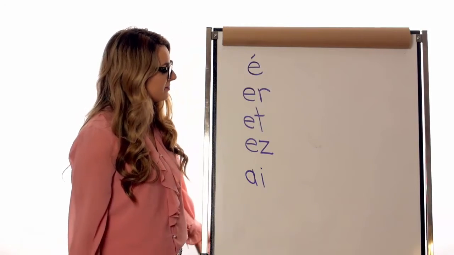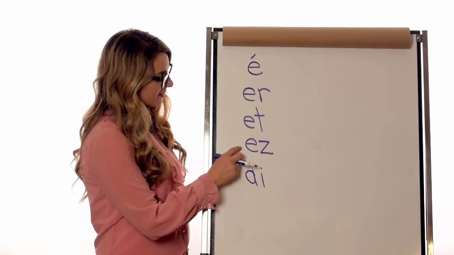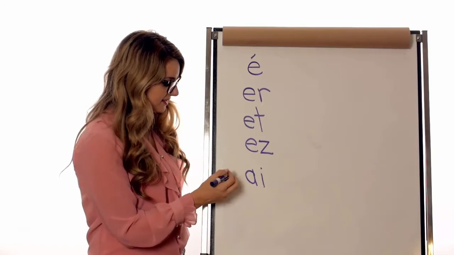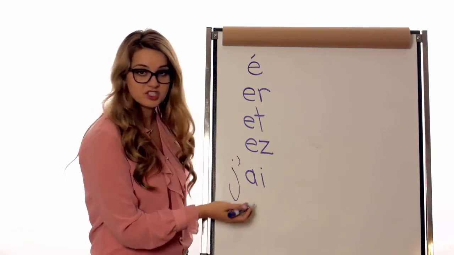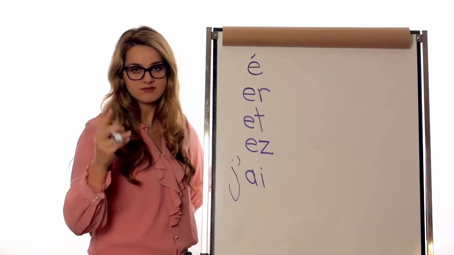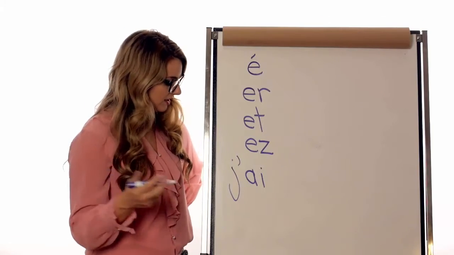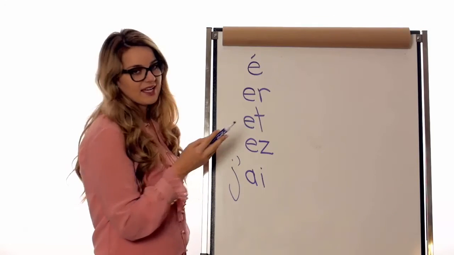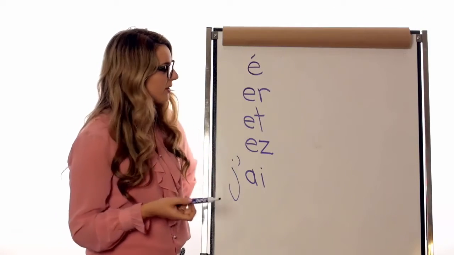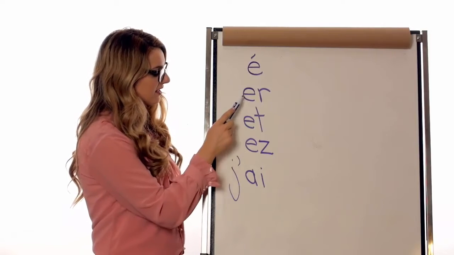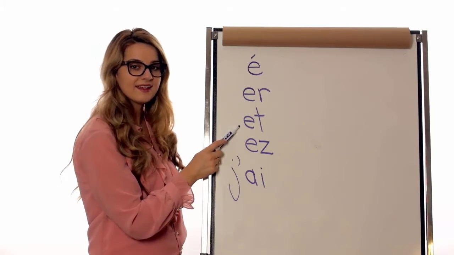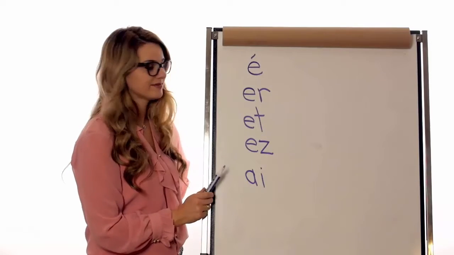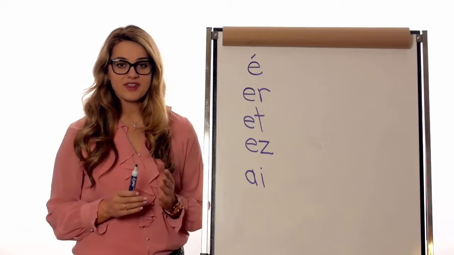Okay? So this one, that one, and that one are often used at the end of verbs. This is something like if we were to say j'ai. It's also in other words, but just so that I can refer to something that you might be familiar with. And you will see this again at the end of words too. Okay, so wonderful job with that.